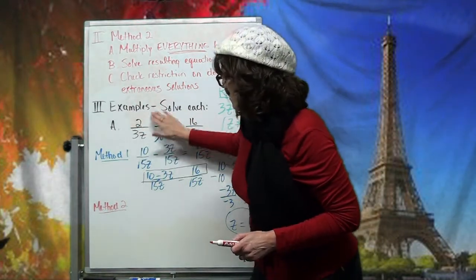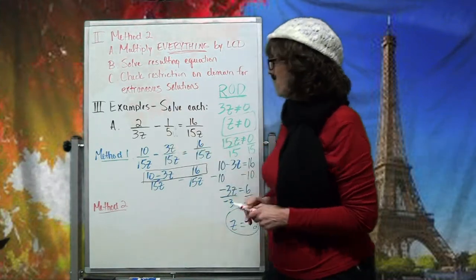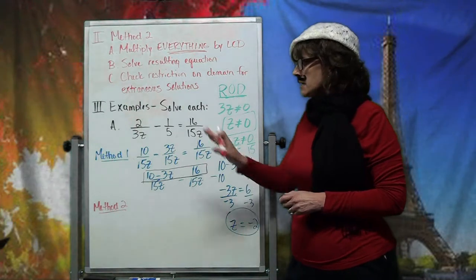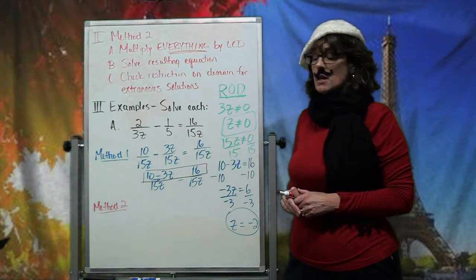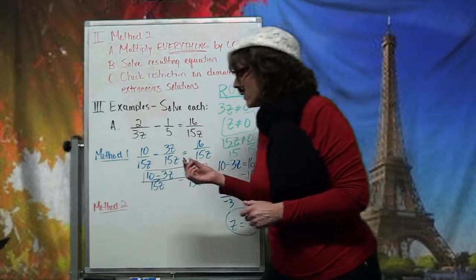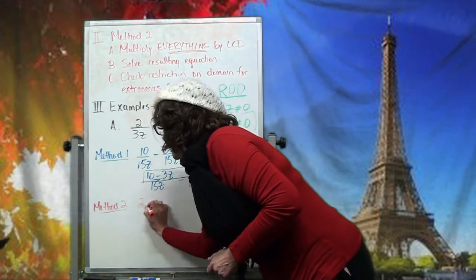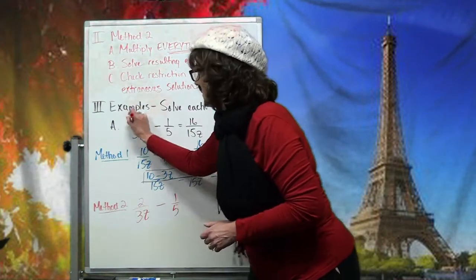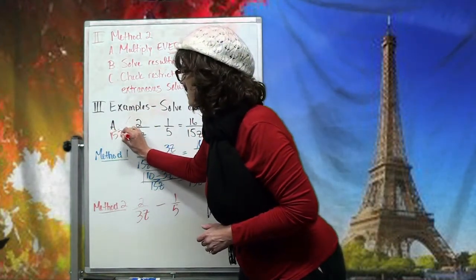So what happened here is we started with our 2 over 3z minus 1/5 equal to 16 over 15z. And I'm going to take that equation, I'm going to multiply every single term by that LCD. Now recall the LCD is still 15z. So in my very first step, I'm going to take the whole thing and multiply it by that 15z.